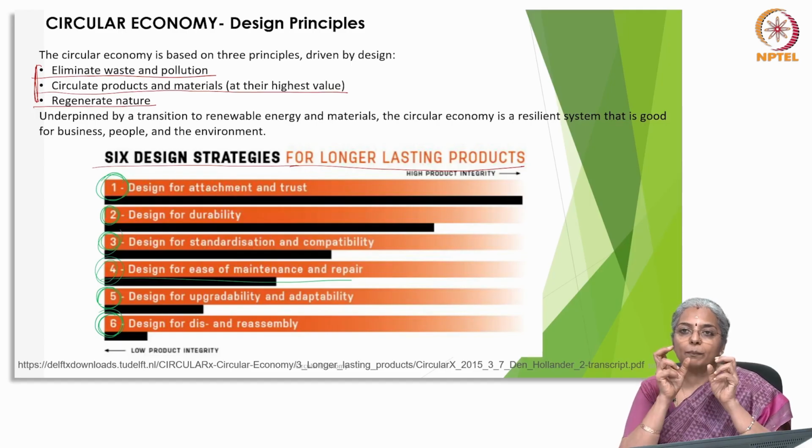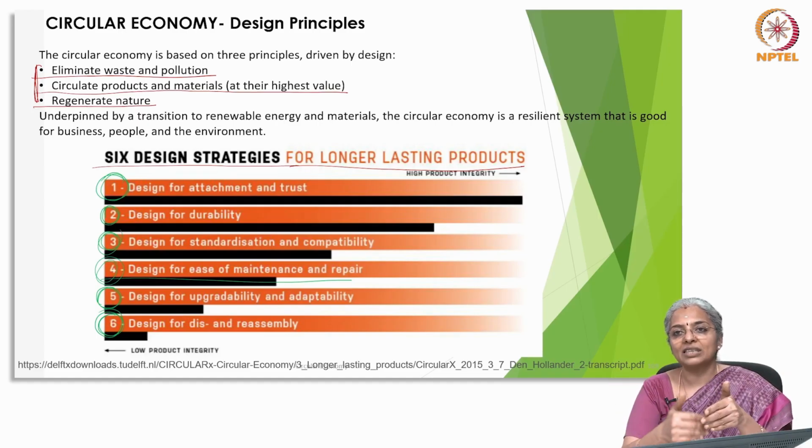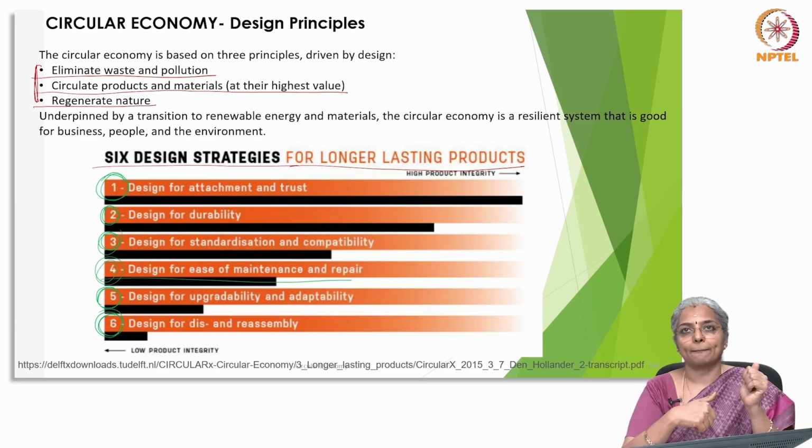So, the product's integrity gets lowered at that point, and all the different strategies along this scale which we have explained started getting diminished at the level of product integrity itself.